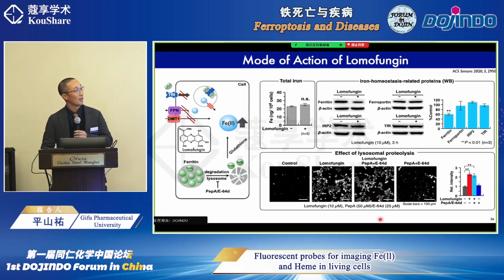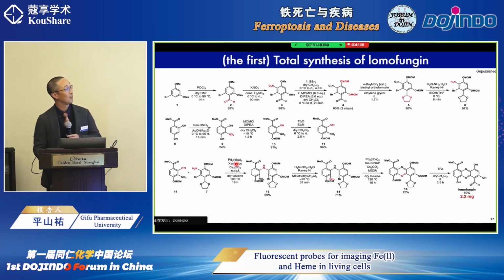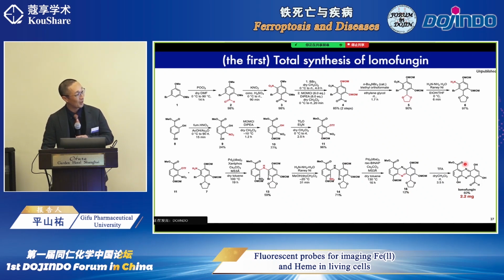So further experiments are required to reveal the whole mechanism of rhomofungin, but unfortunately, the commercial source of rhomofungin has been stopped. So I had no choice but to start total synthesis of rhomofungin, and finally we obtained the rhomofungin from the commercially available compound after slogging for 4 years, and hopefully I will present the whole mechanism of rhomofungin in the near future.